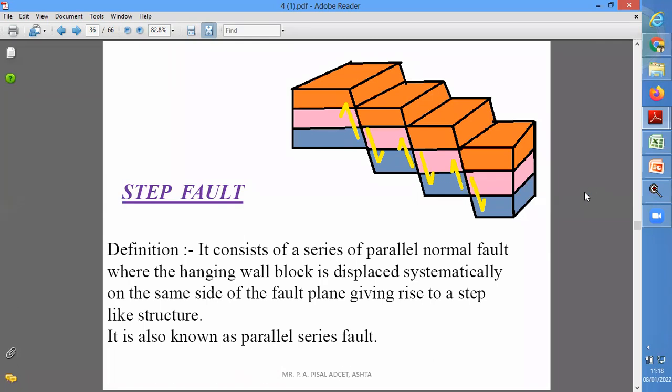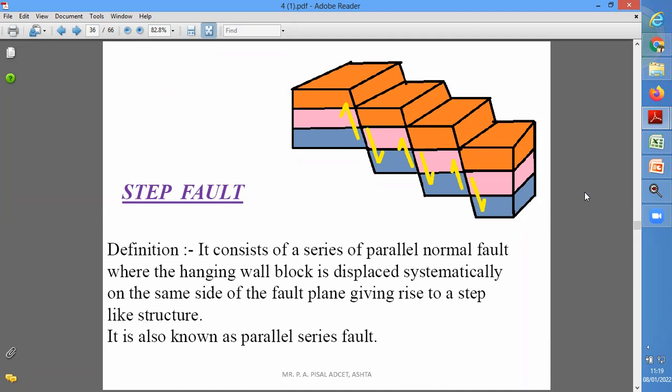That's why it is considered a step fault. Now just wait, I will show you how the step-like pattern looks and what its characteristics are.